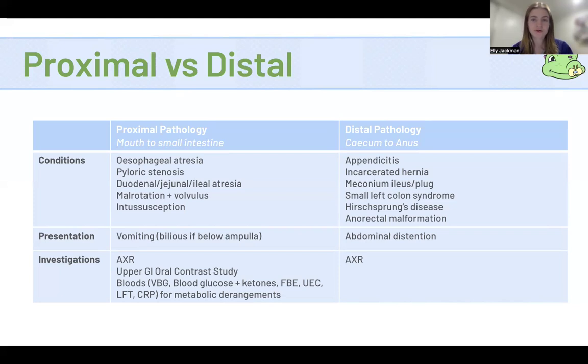Distal pathology involves any condition that's anywhere between the cecum and anus, so things like appendicitis, an incarcerated hernia, Hirschsprung's disease, and will more often present with abdominal distension, but as you may have realized from that list of conditions there, they can also still present with vomiting.